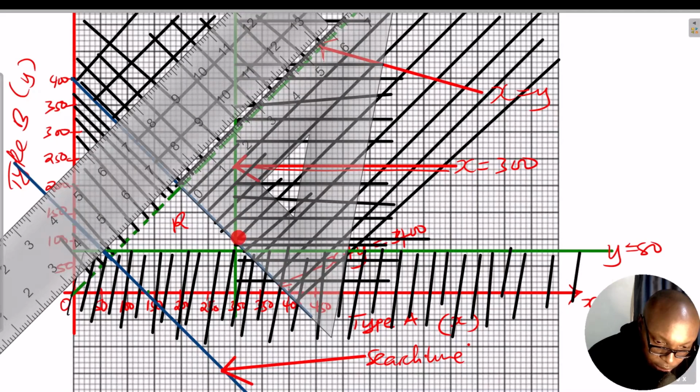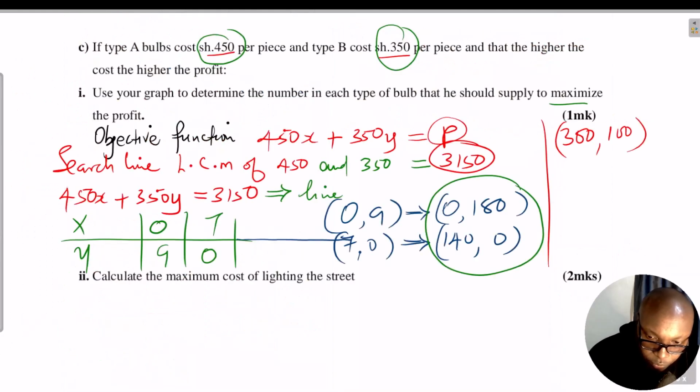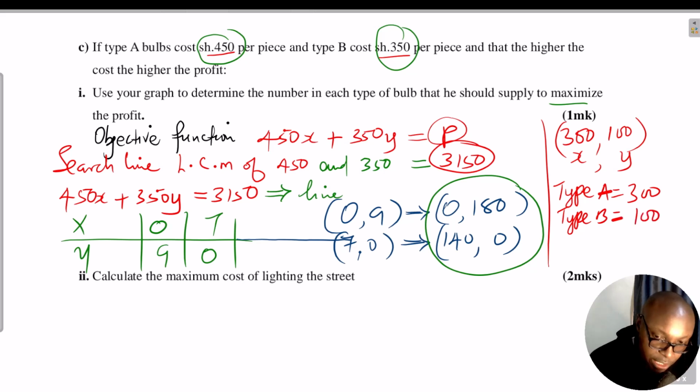Remember 300 is for X, that is type A, and this is X and this is Y. So the number of type A bulbs, which are X, will be 300. Then type B bulbs will be 100. Those are the bulbs that will give us maximum profit.